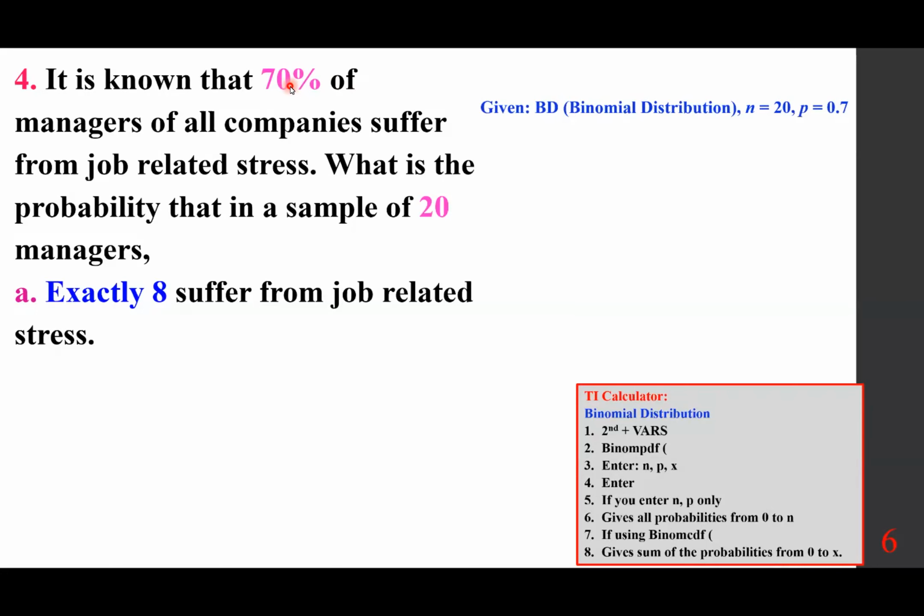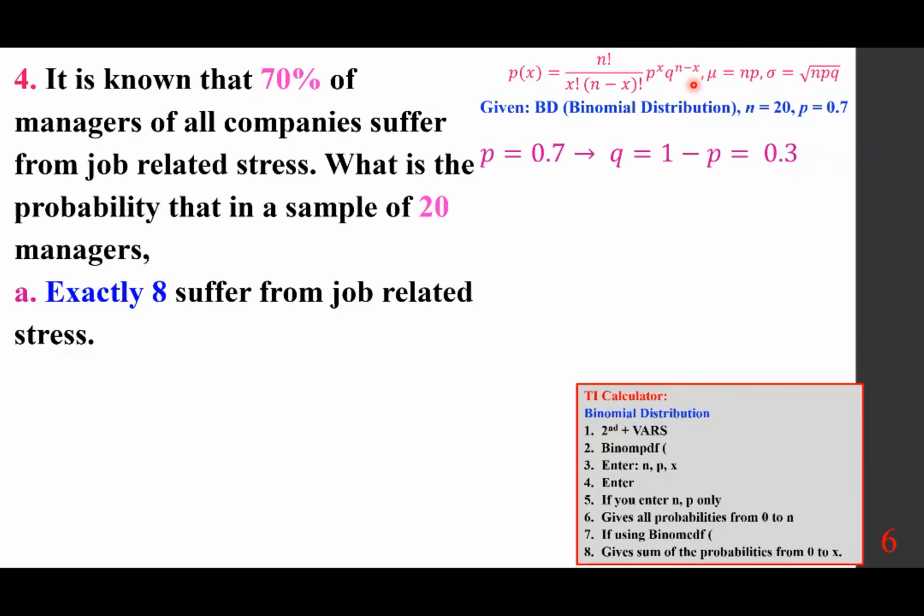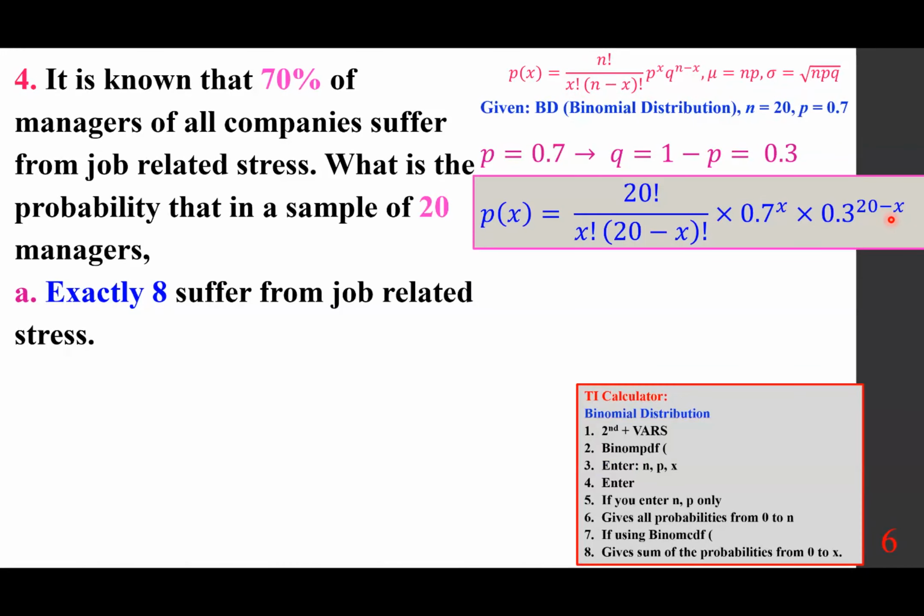Now, if that is the case, we are going to use the binomial distribution with all these formulas that we can grab from the formula sheet, where p is 0.7 and q is 1 minus that, or 0.3. We're going to put that into this formula. The probability of X is n, or 20, factorial over x factorial times 20 minus x factorial, times p to the power of x, 0.7 to the power of x, times q, 0.3, to the power of n minus x, or 20 minus x.